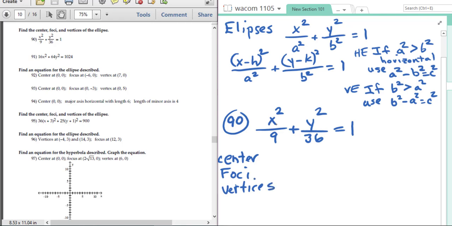Because it's just x squared and y squared, the center is 0, 0. I would think about here, what is the direction? This is going to be a vertical ellipse because the b squared is bigger.